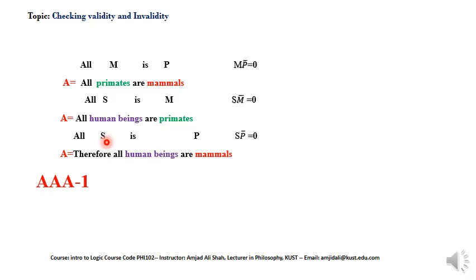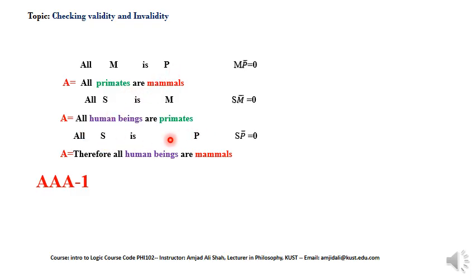So S is the minor term, P is the major term, sorry. Now in the premise we have the middle term in the very beginning of the first premise. Then we have major term, then we have minor term, and then we have middle term. So the conclusion is actually like this, SP.